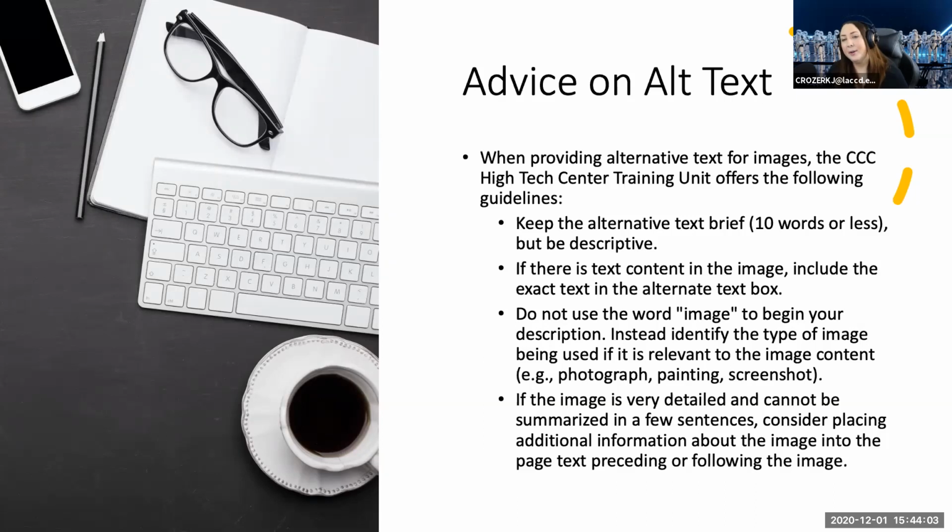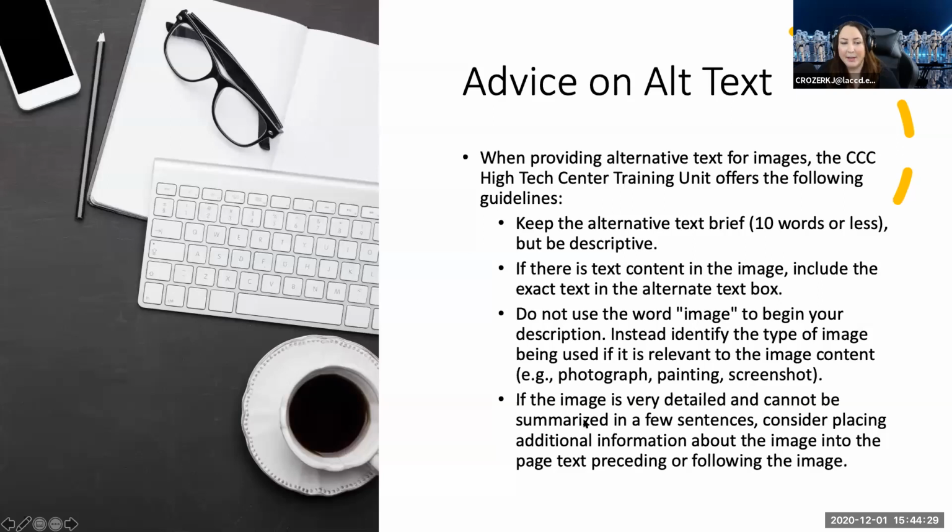You also don't want to use the word image in front, because the screen reader is already going to say picture of or image of. So it's going to end up saying image of sunset, and it's going to be repetitive. So don't use image. If you need to identify the type of image, like photograph, painting, or screenshot, that's okay, but only if it's relevant.